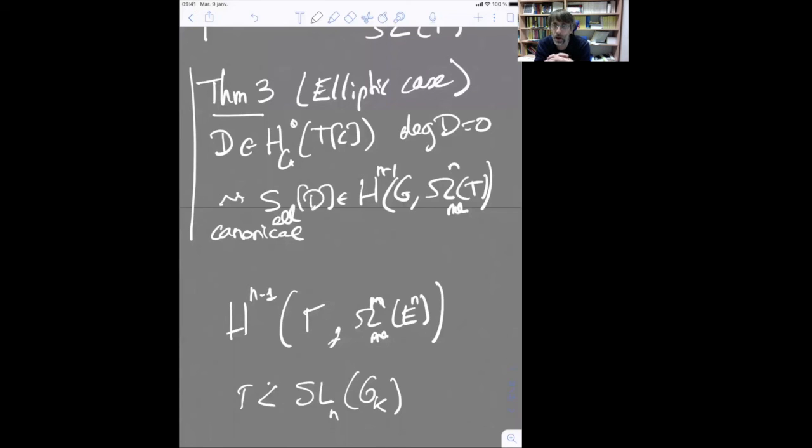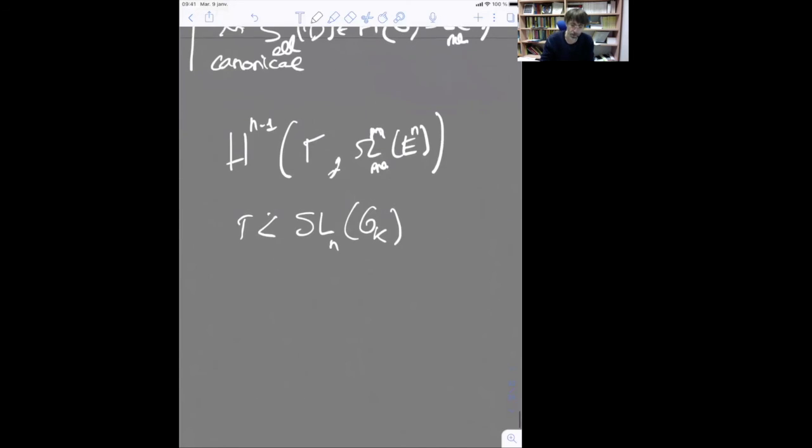If you just want to prove the algebraicity, then in some sense you don't really need the full power of this kind of cocycle. It's a bit what I explained at the beginning.